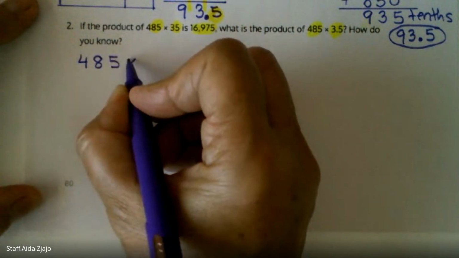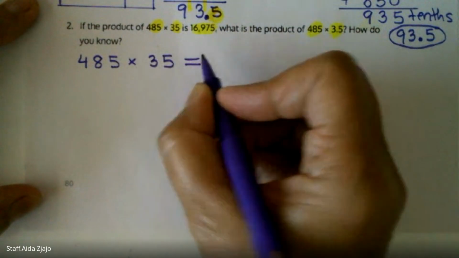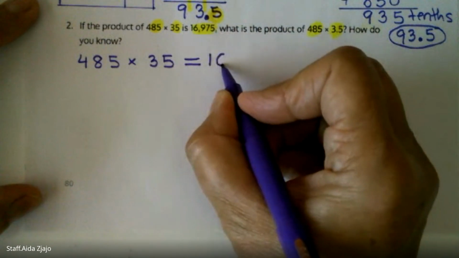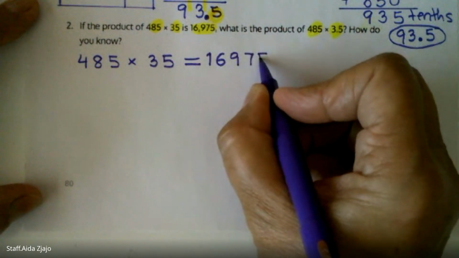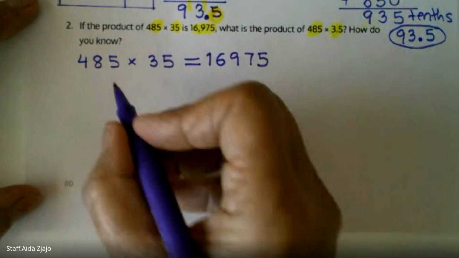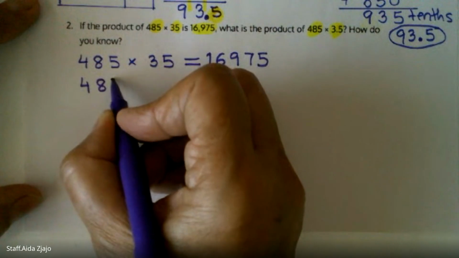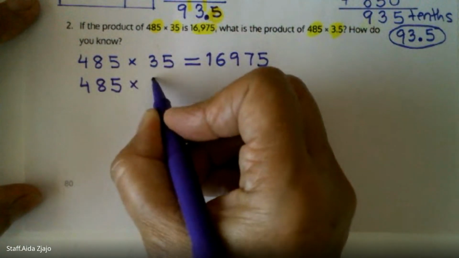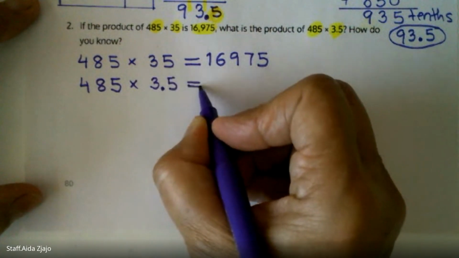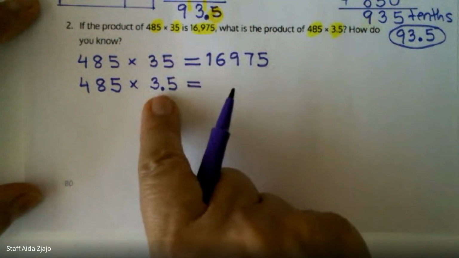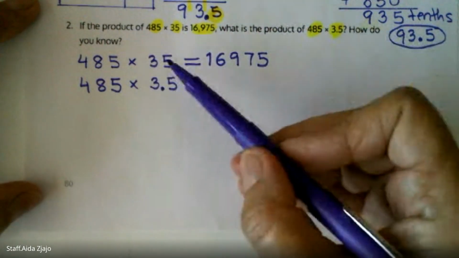So if you have 485 times 35, that is the same as 16,975. If you have 485 times 3 and 5 tenths, that means this number is 10 times smaller than the 35.